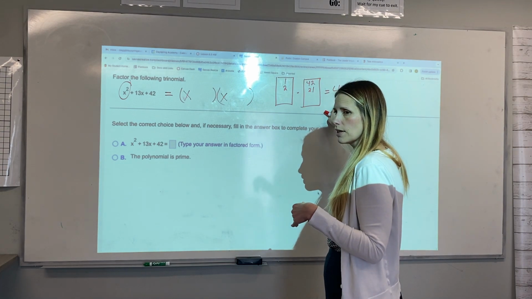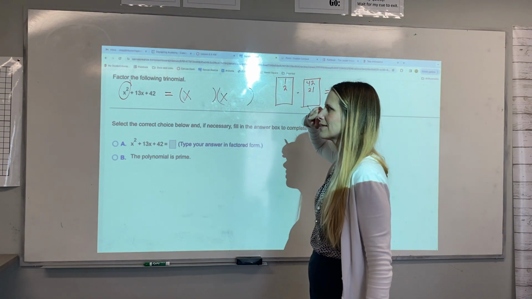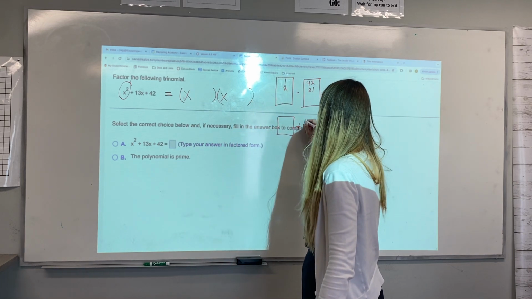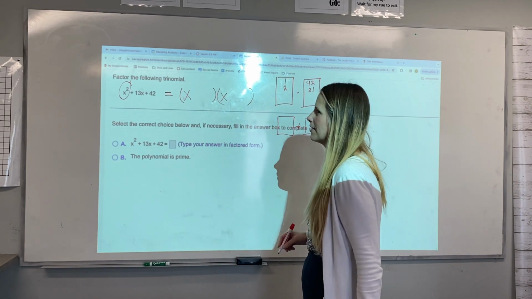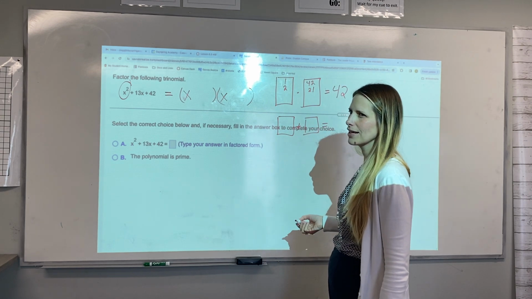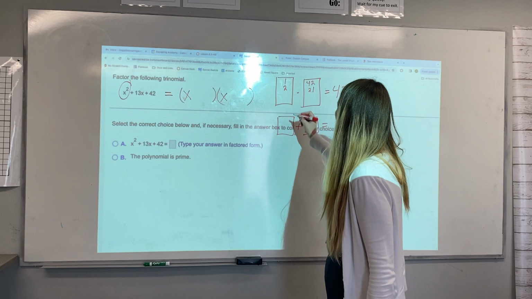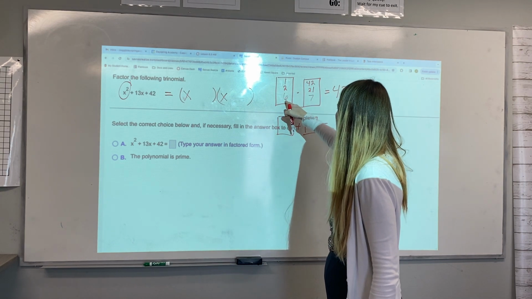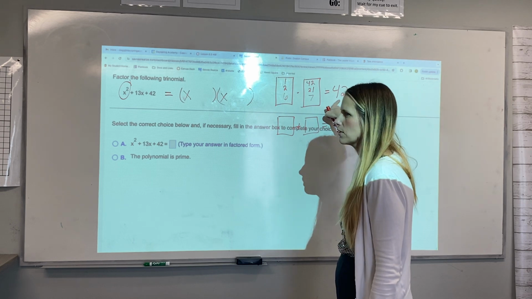Now, in my head, I'm seeing this 13. I know that whatever the numbers are, they have to add up to 13. So am I really going to use 3 and 14? No, that's not going to add up to 13. 4, 5, 6, 6 and 7. 6 times 7 is 42.